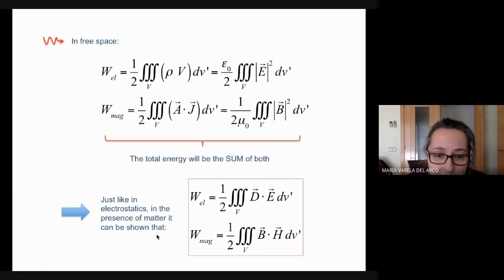And that is pretty much where I wanted to arrive. See just the parallelism, the parallel expressions between both of them. They are not very different. And when we have both electric and magnetic fields, we'll have to sum both of them. They are pretty much the same thing. They are stored in the regions where we have a field, right? And the calculation is actually very similar.